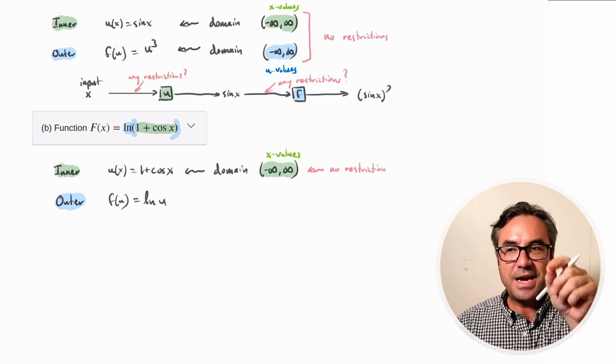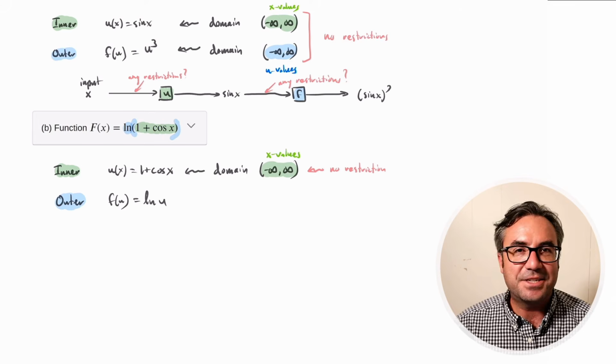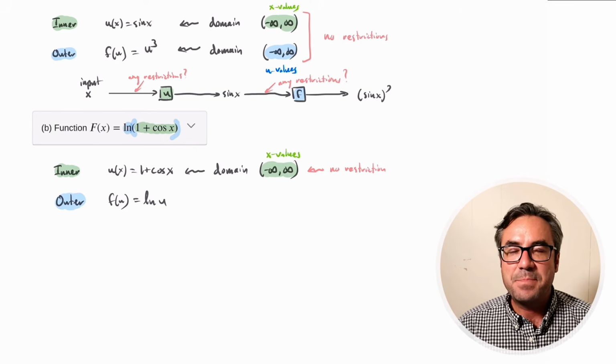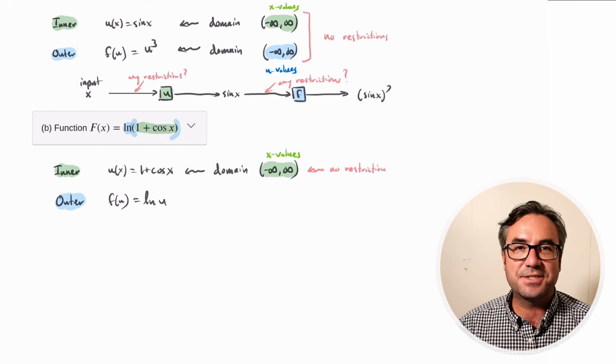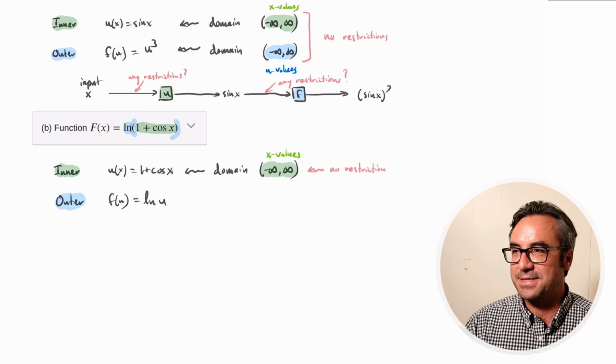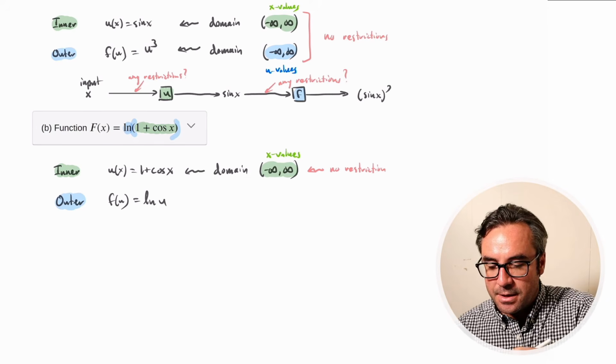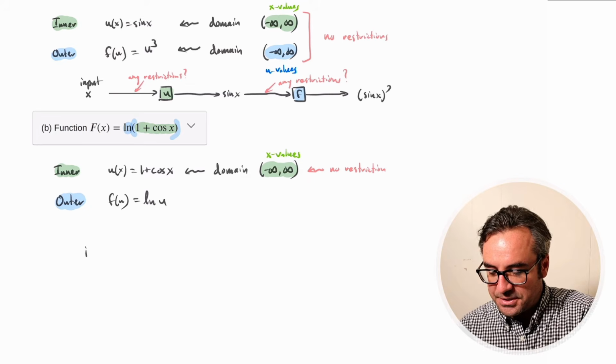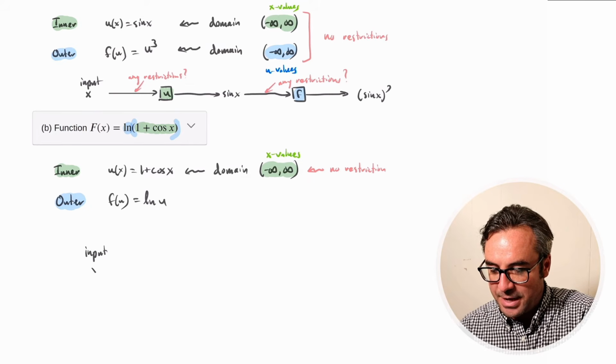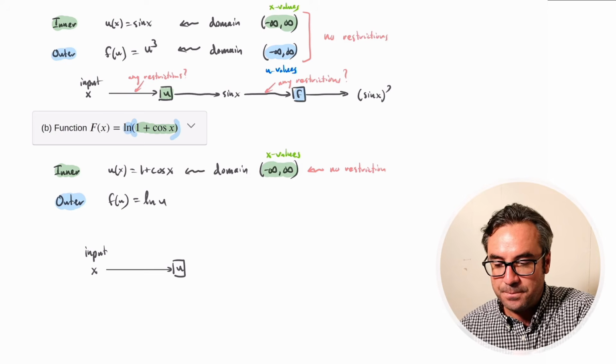So we're going to send x values through the assembly line and see which ones get stuck at any point along the way. That's the idea here. So let's start our little assembly line. We've got our input x, and we're going to send it along its way. We'll plug it into our inner function u.